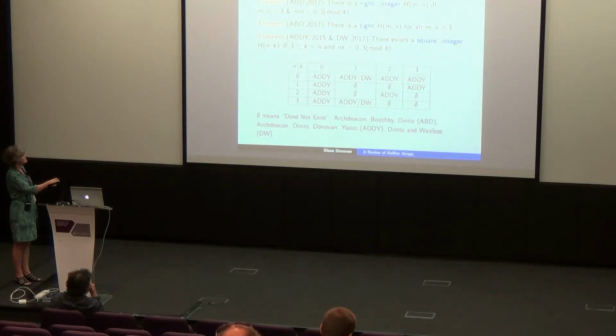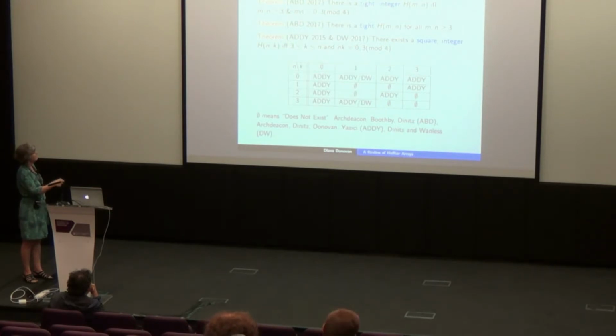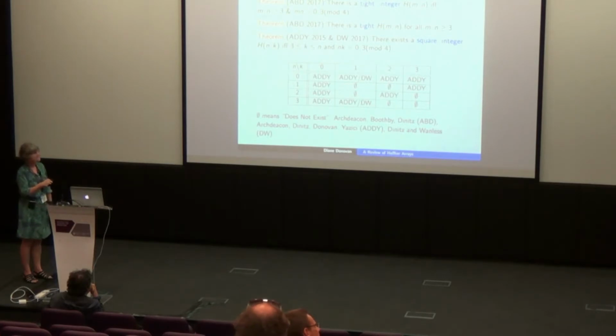And in 2017, Archdeacon, Boothby and Dinitz showed that it was always possible to construct tight integer Heffter arrays provided m and n were greater than or equal to 3 and m times n was congruent to 0 or 3 modulo 4. If you drop off the integer and you're just looking for tight arrays, then it's still possible.